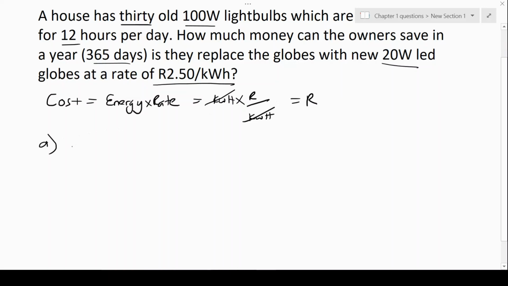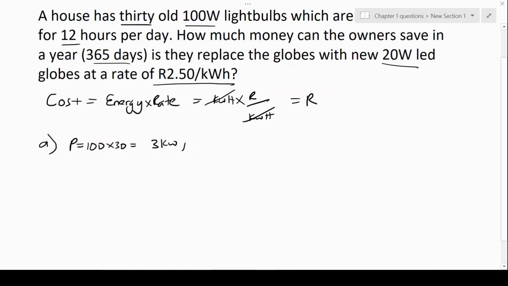So scenario A, we know that we've got 100 watt and we have 30 of them, so we've got a total load of 3 kilowatts. What will the energy of scenario A be?